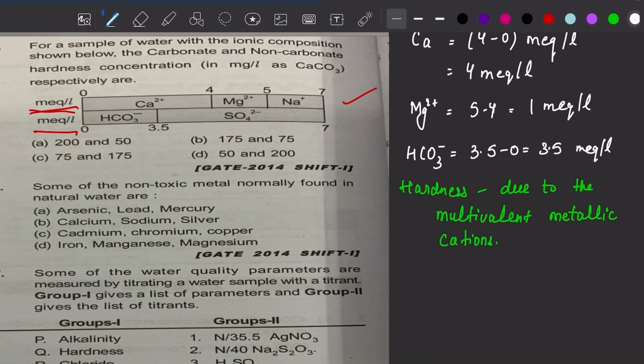Okay, so sodium is a metal, but it is single valency, so it is not multivalent. The multivalent metallic cations are Ca and Mg, so they will create hardness.